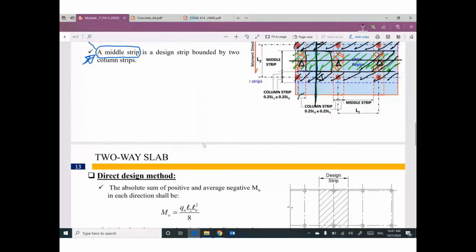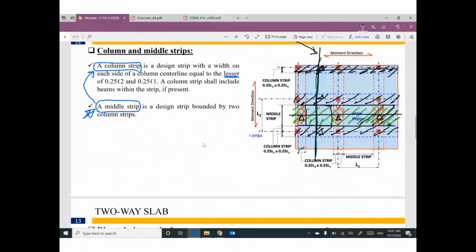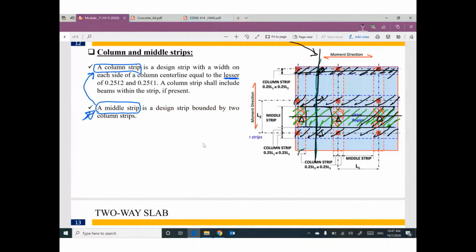Final step, we need to figure out what the moment is. By the end of this sketch, all of this division, I need to figure it out. We have a column strip, something like this, supported by columns. So what is the moment? I need to draw a moment.